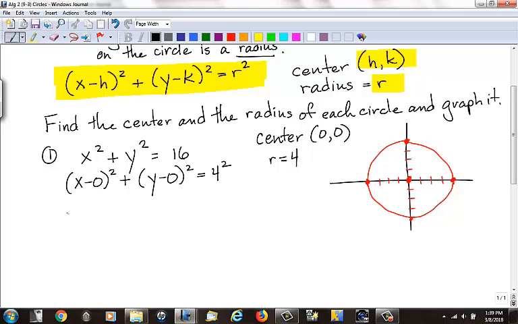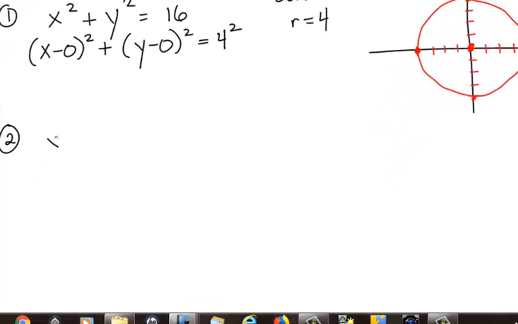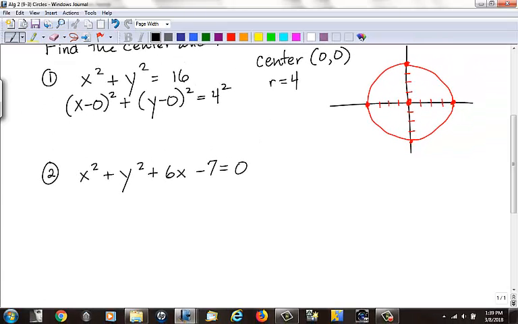Okay. Second equation. Okay, say they give you x squared plus y squared plus 6x minus 7 equals 0. Okay, you've got to complete the square, and to do that you want to group the x's together and group the y's together.